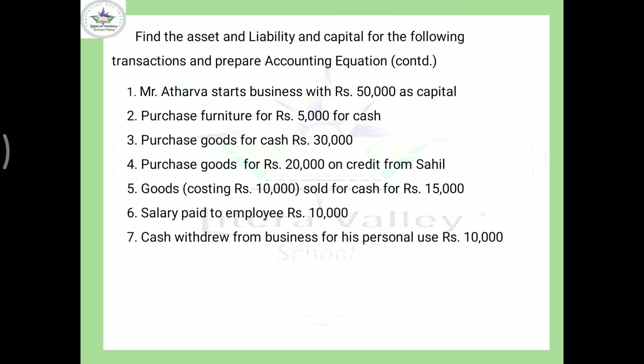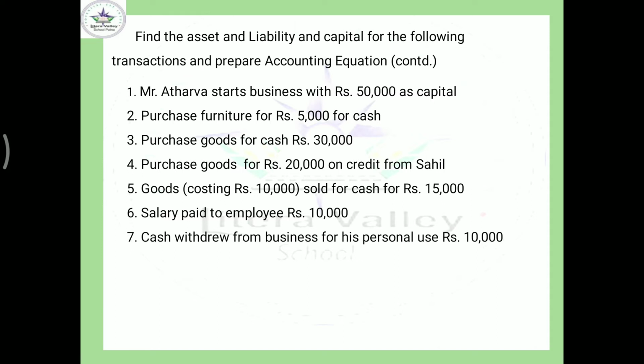So from the business point of view, business cash balance has increased and obligation towards the owner of the business has also increased. So increase in capital and increase in cash, which means an asset here, and the equation is equal.